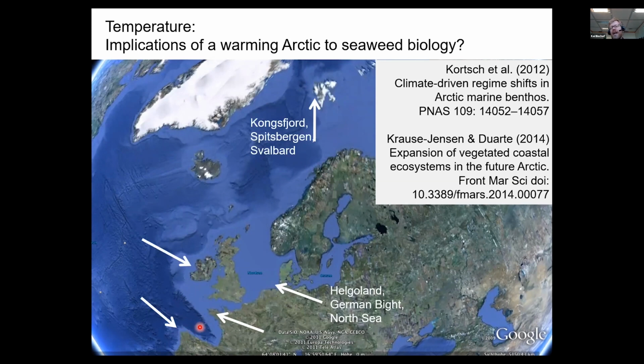But what we are currently observing is the expansion of the flora into the Arctic. With temperature increase, the kelp forests here will die off. But here they grow, well, maybe under better conditions. It's a bit warmer there, so they can more easily conduct photosynthesis. So this kelp forest may expand in the future Arctic.